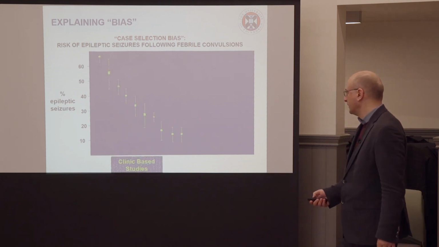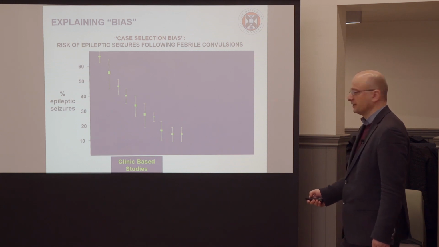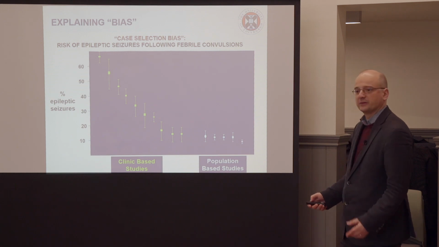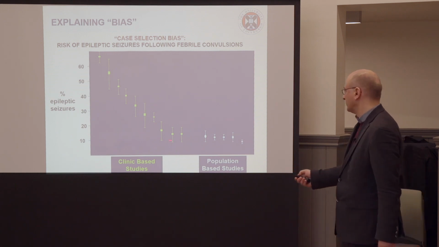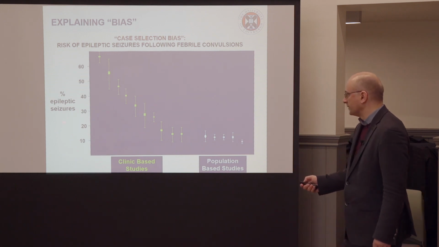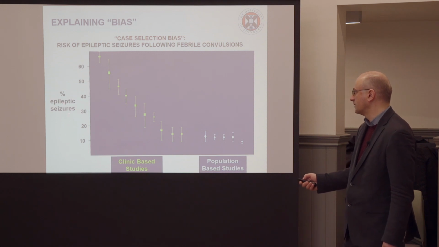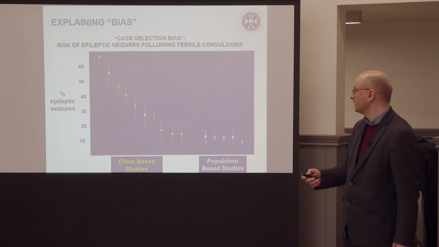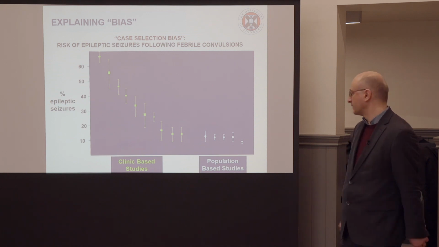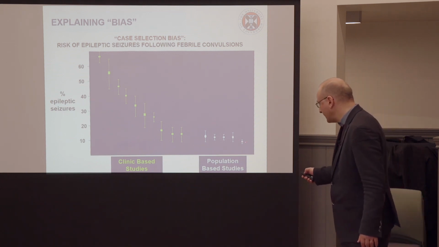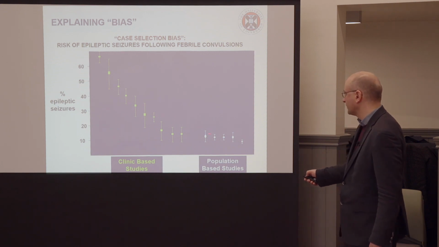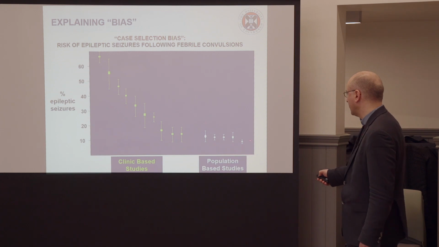So what's going on? These are clinical based studies from the hospitals. What was found in population based studies that were done in the community? So look at this. Proportion of epileptic seizures in kids which develop febrile convulsions. So population-based studies with very narrow confidence intervals are saying that it's about 11% maybe.